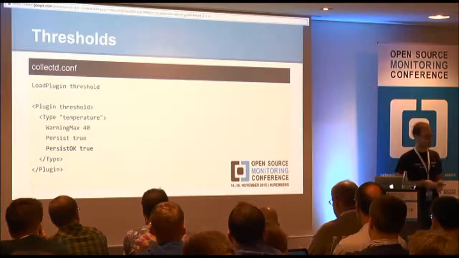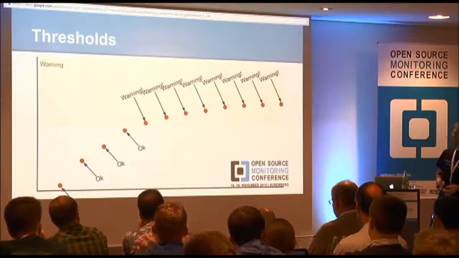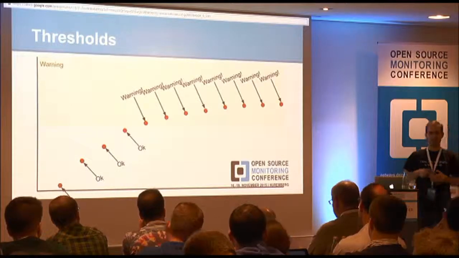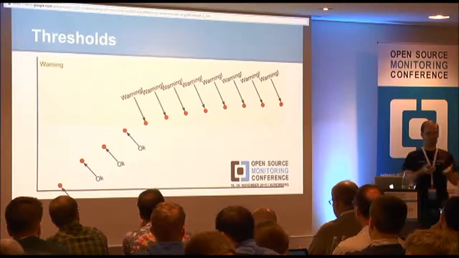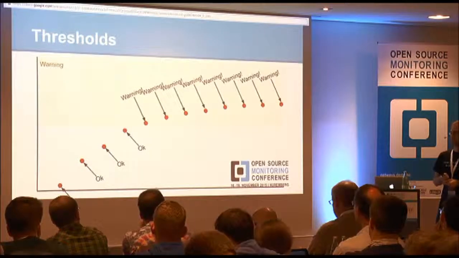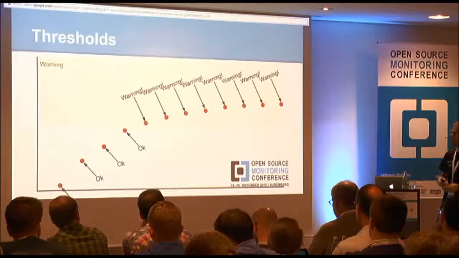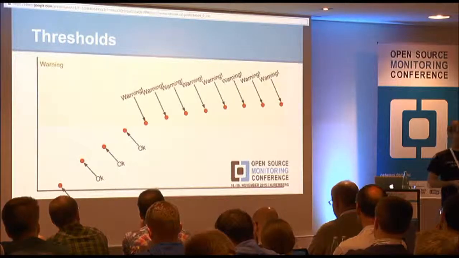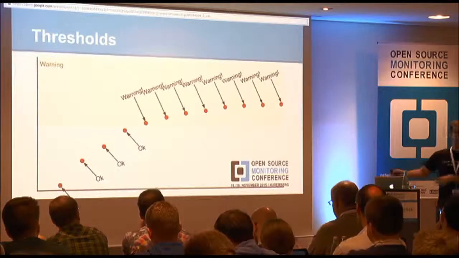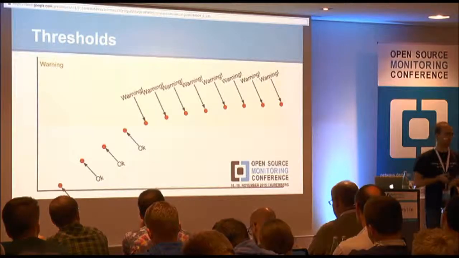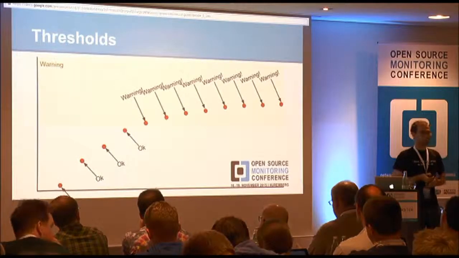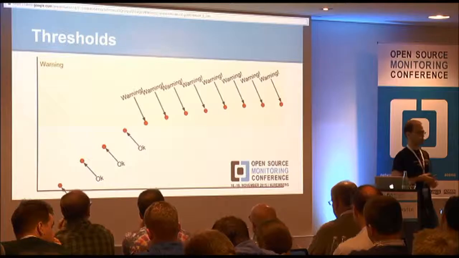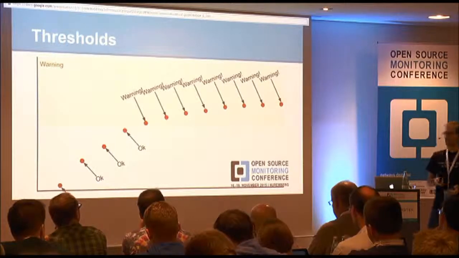But there are good reasons to do this. So with persist OK, this behavior is expanded so that it covers OK cases. So in this case, every single check will result in a notification, and your tooling downstream can make use of this, for example, by warning you that something didn't show up in a while, for instance.